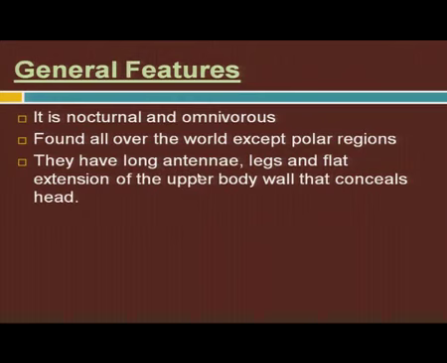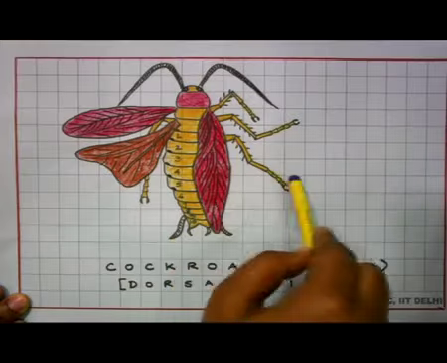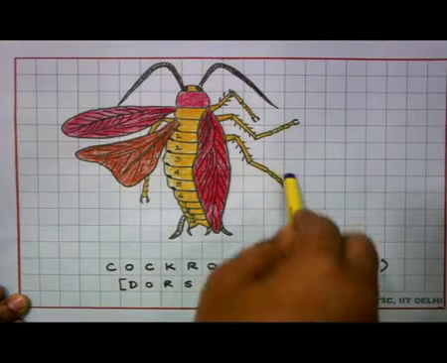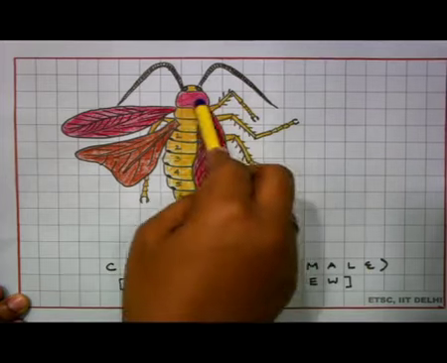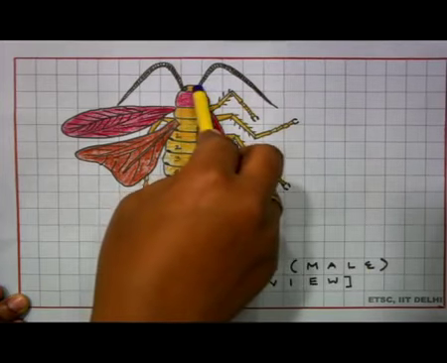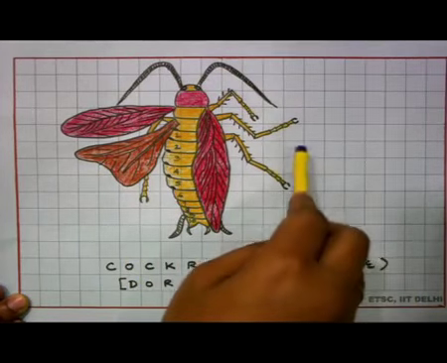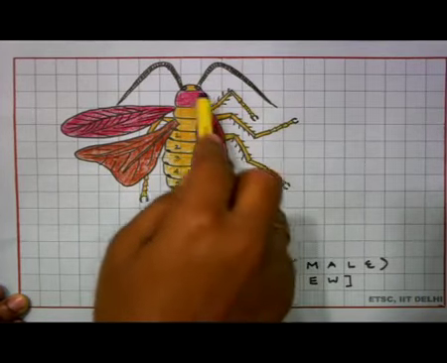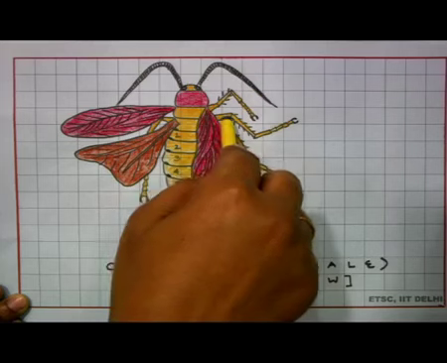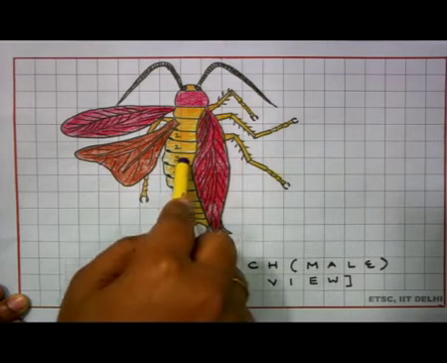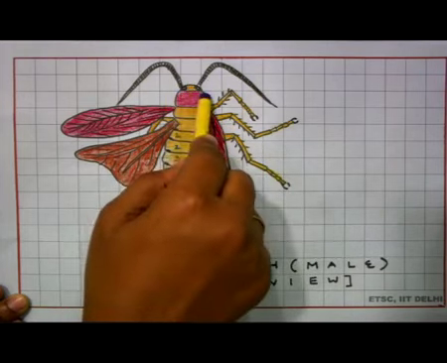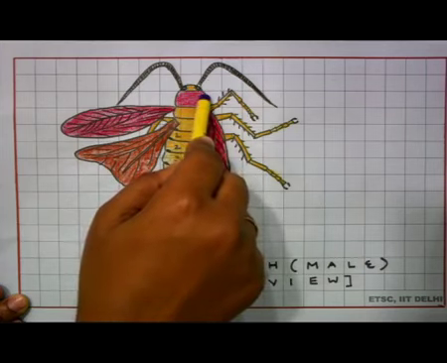They have a long antenna, you can see here a pair of long antenna, there are legs, you can see 3 pairs of legs and a flat extension of the upper body wall that conceals the head. So, in this diagram you can infer that the body is narrow, elongated, dorsoventrally flattened, it has a pair of eyes, these eyes are compound eyes.